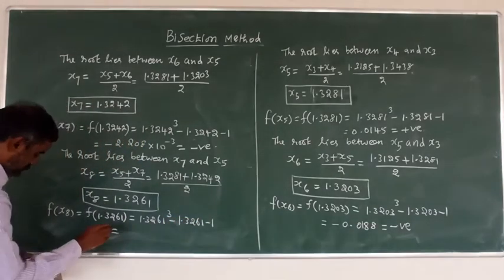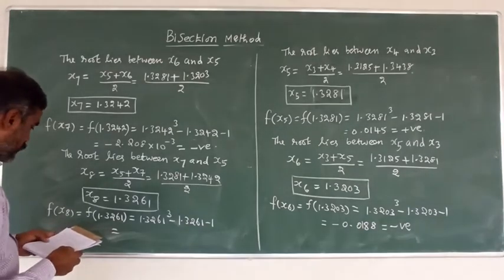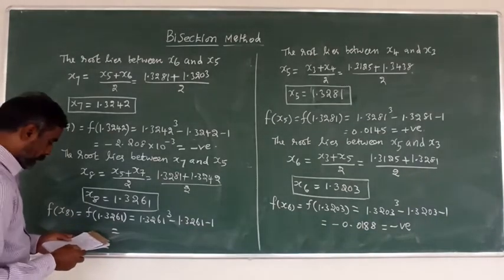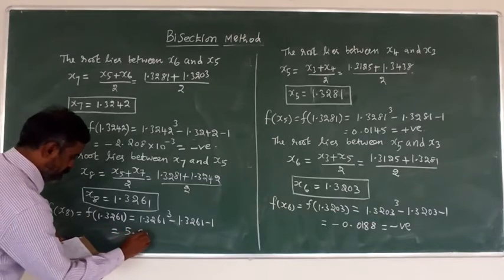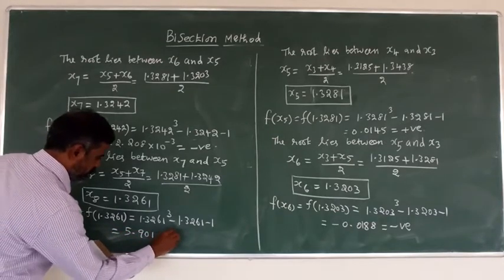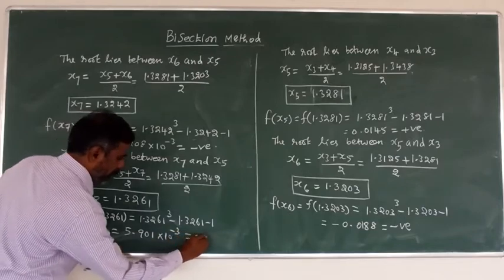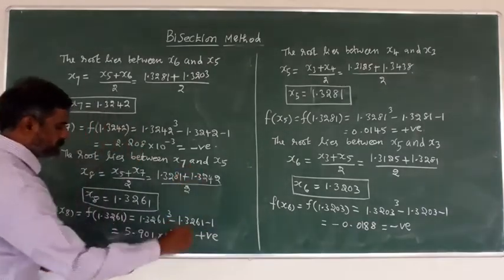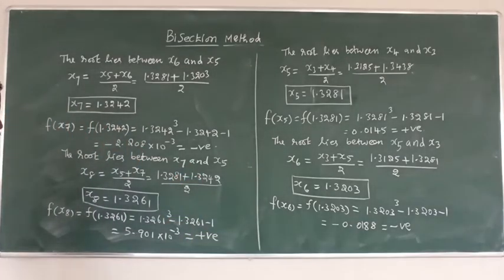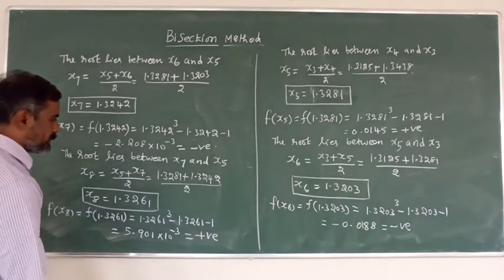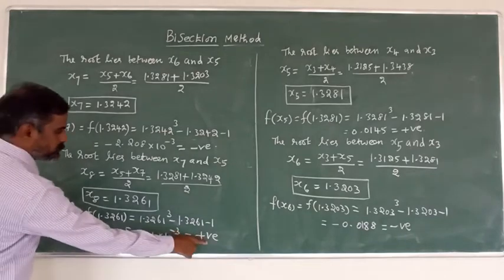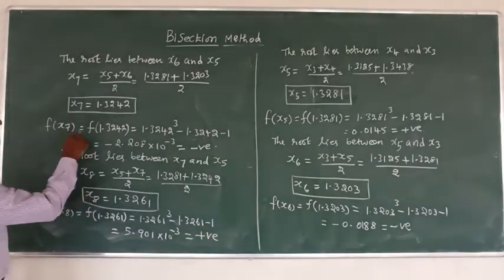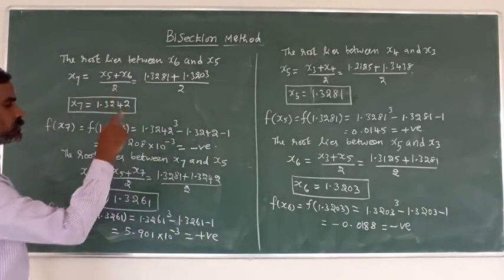Now the result is 5.901 into 10 to the power of minus 3. This is a positive result. So we have to take the root lies between x8 for positive and x7 for negative.